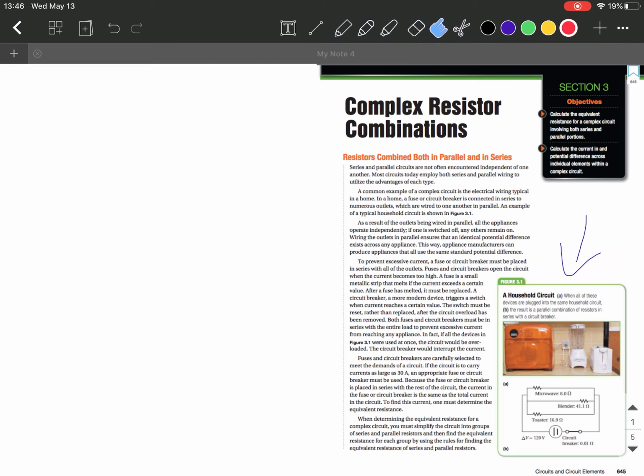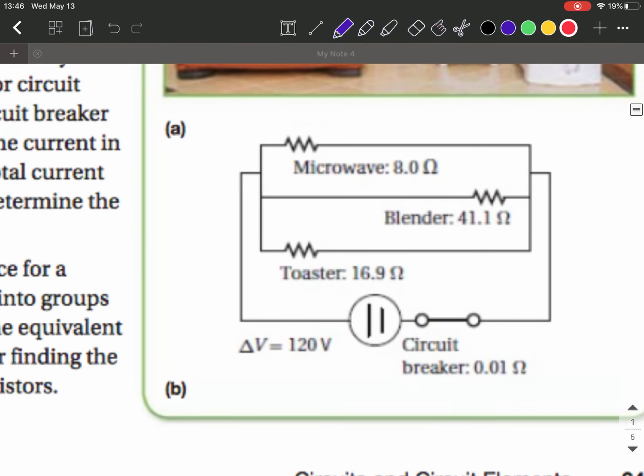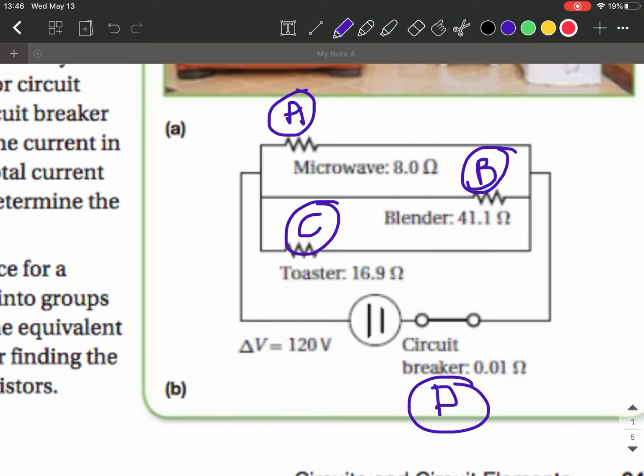So in order to do that, let me zoom in. I'm going to label these resistances, and I like using letters so you don't get confused with the numbers that are already there. We can call the microwave A, the blender B, the toaster C. The resistance of the circuit breaker is going to be D, okay?